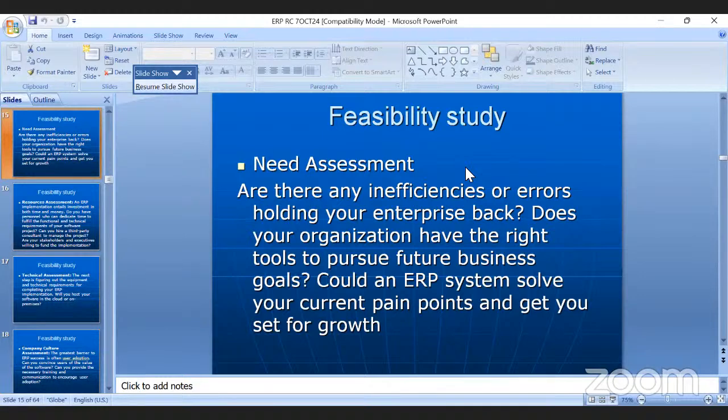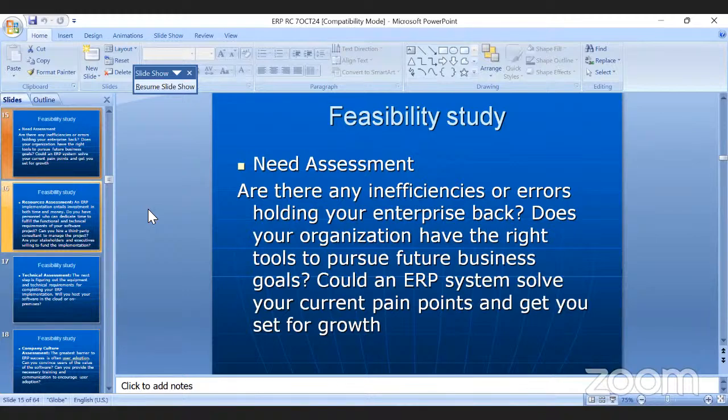So the feasibility study is to see whether this is practically applicable to our organization, whatever we are manufacturing, whether it is applicable to this type of organization. So you do the need assessment. Everything starts with a problem. So the problem has to be defined properly. A problem clearly defined is half solved.